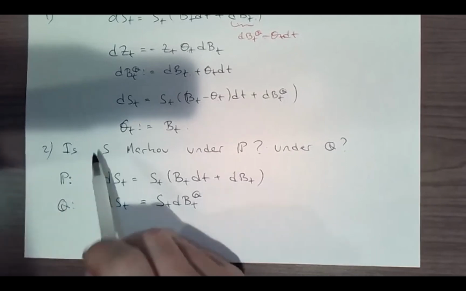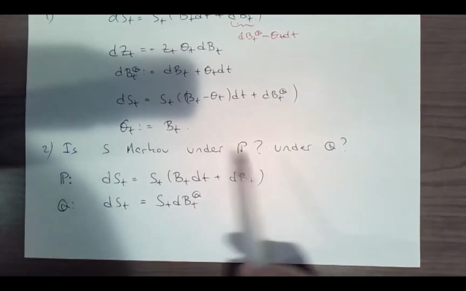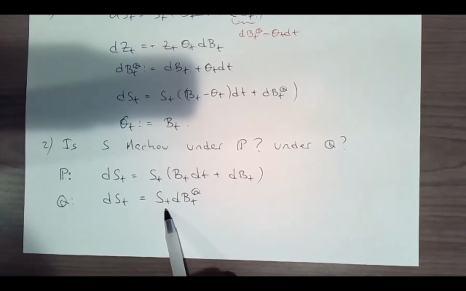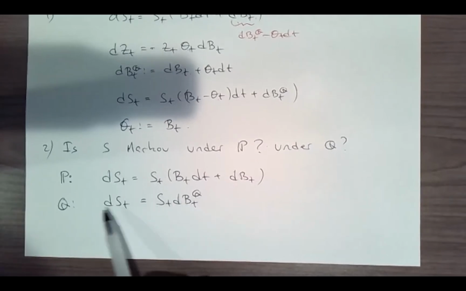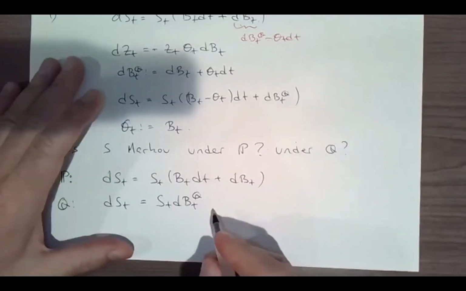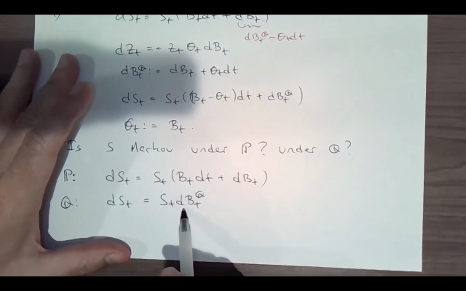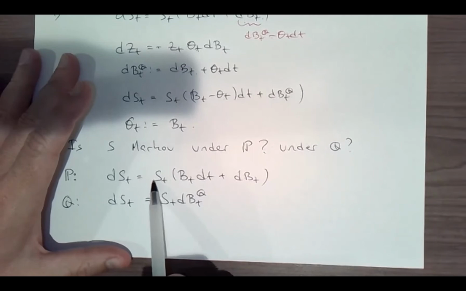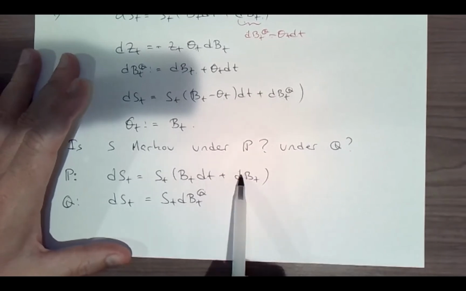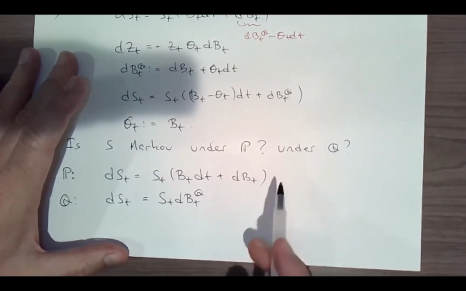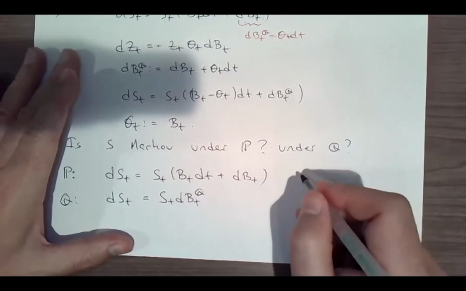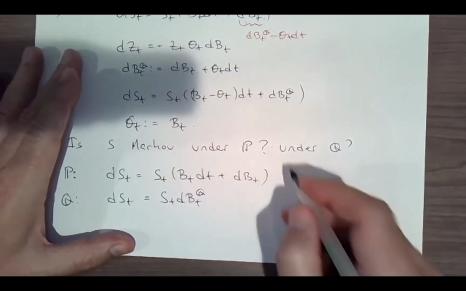So what do we think here? Is S Markov on the P, is S Markov on the Q? Well, to figure out when and if a stochastic process is Markovian, what you do is you look at the right-hand side and you look at the coefficients. So there's a drift coefficient.